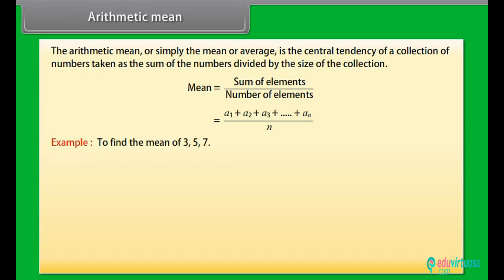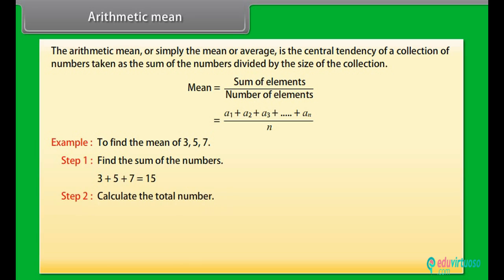Example: to find the mean of 3, 5 and 7. Step 1. Find the sum of the numbers, that is 3 plus 5 plus 7 is equal to 15. Step 2. Calculate the total number. There are 3 numbers. Step 3. Finding the mean: 15 by 3 is equal to 5.